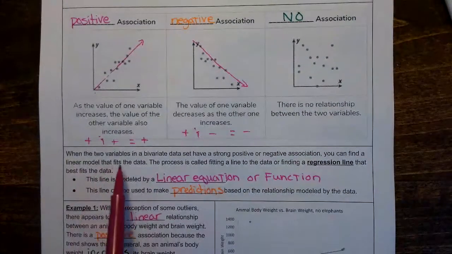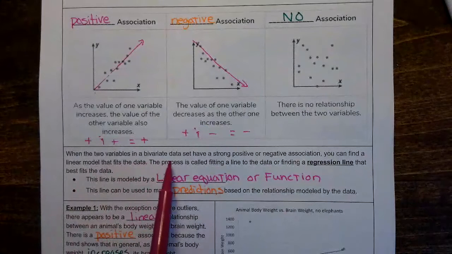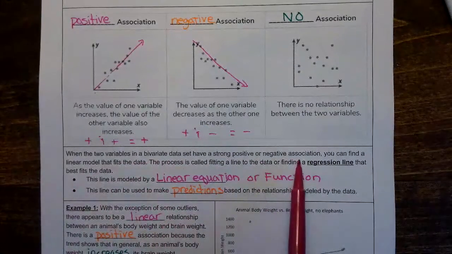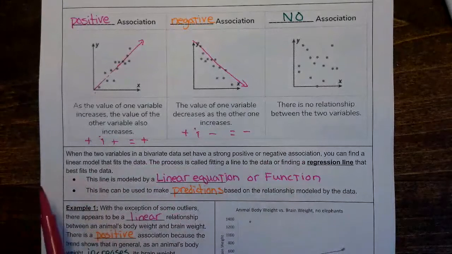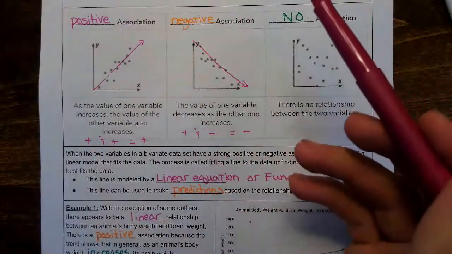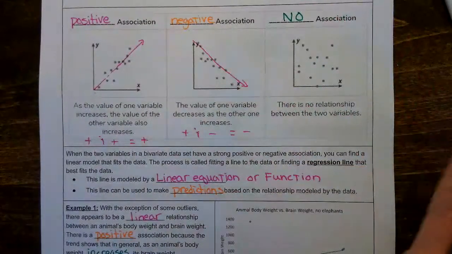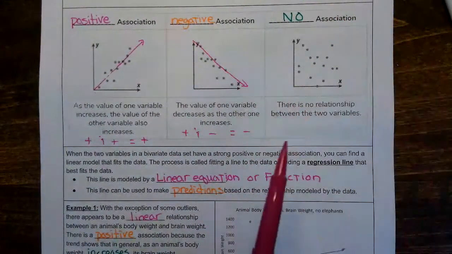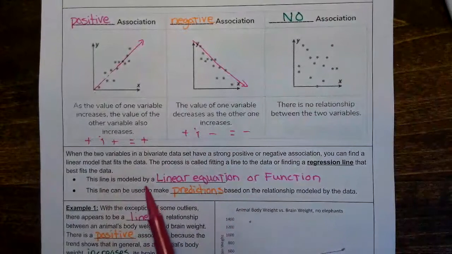All right. So when the 2 variables in the data set have a strong positive or negative association, you can find a linear model. Think back when we did y equals mx plus b. Think back when we graphed a line on an xy plane. It's the same sort of stuff. We're just going back at that, but with data instead.